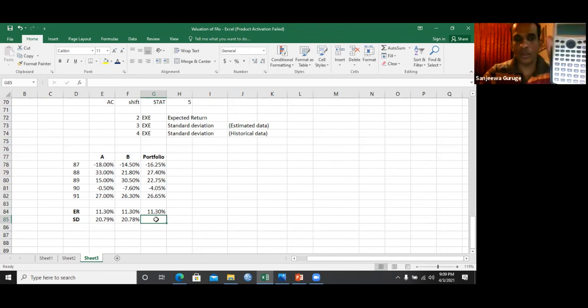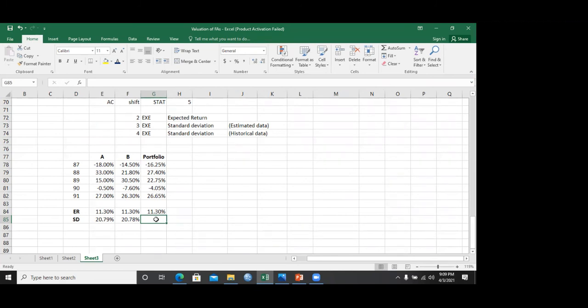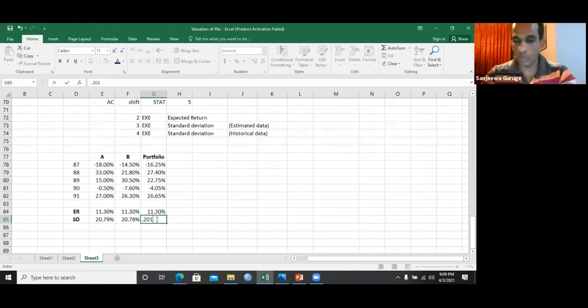And what is the standard deviation? AC, shift stat 5. When you press 4, you get the standard deviation. 20.128, so we get 20.13.